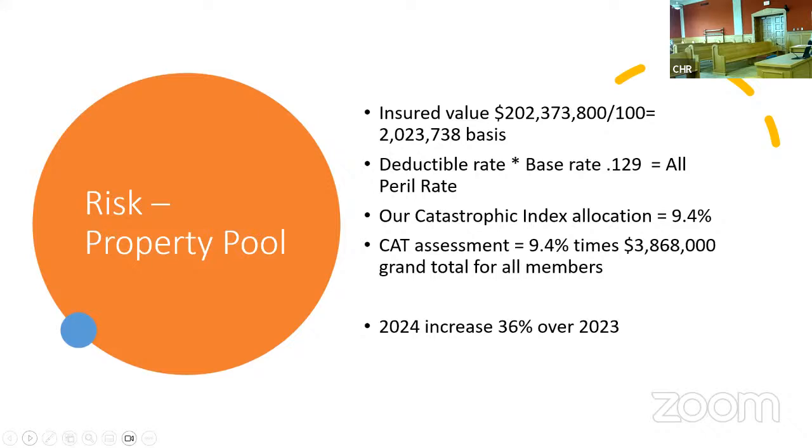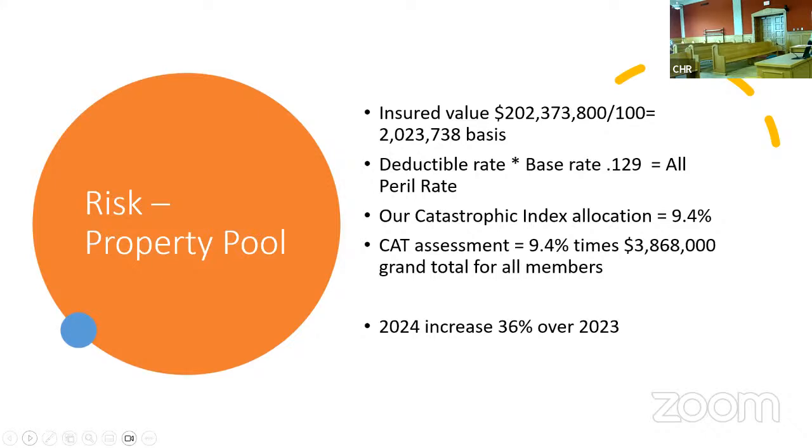Unfortunately, 2024 is an increase of 36% over 2023. And when I had originally done our cost allocation on risk, I had put in a 30% increase for the property because this is one that's been very volatile with so many major catastrophic incidents with fires, earthquakes, flooding.